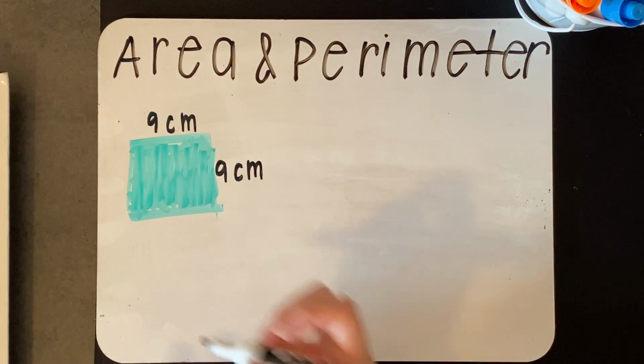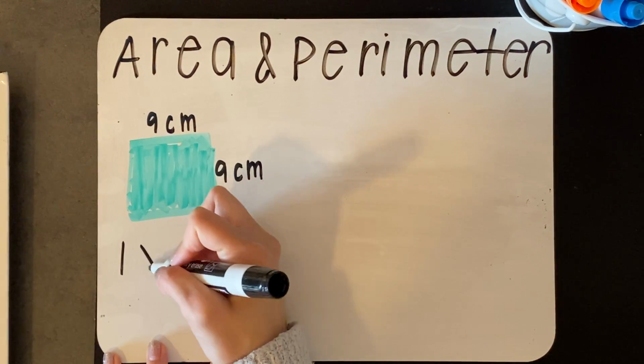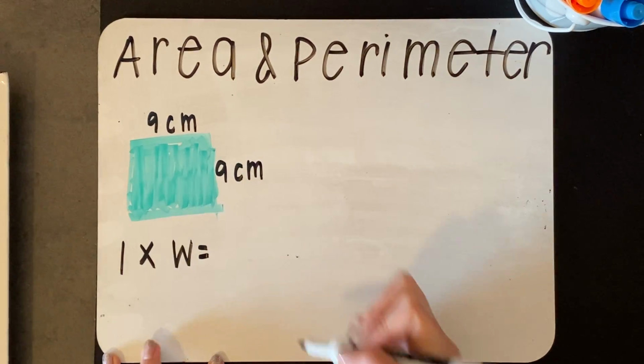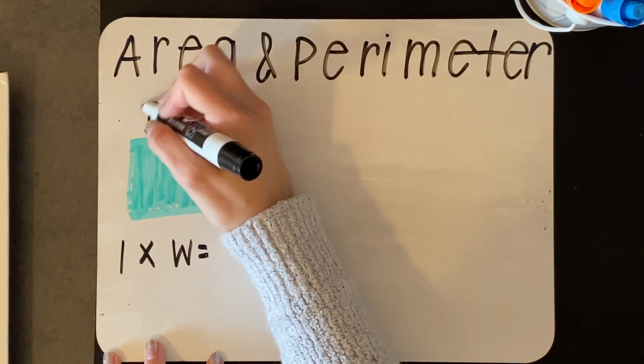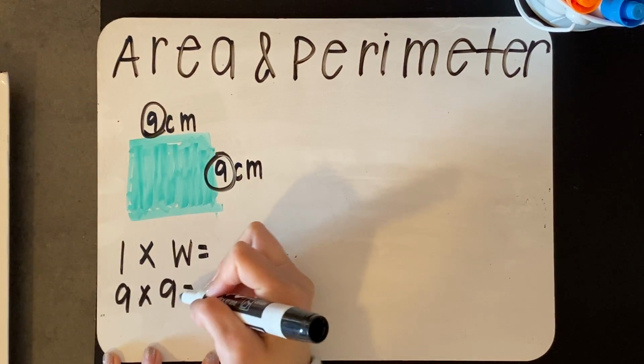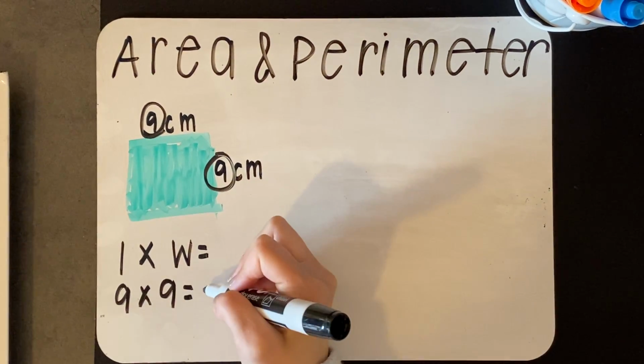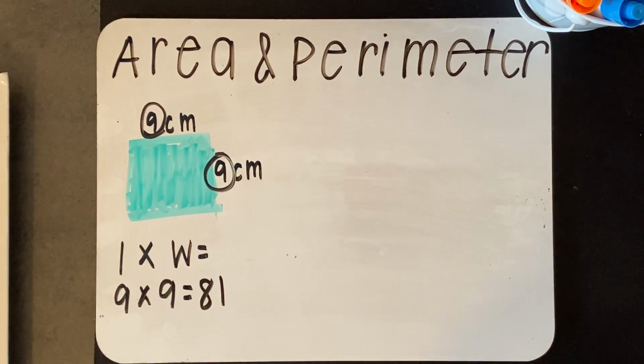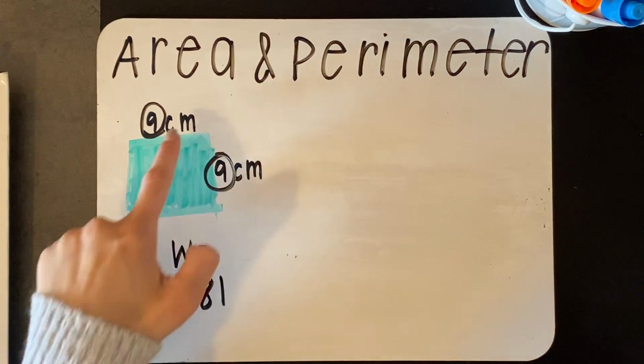In order to find area, you multiply length times width. So here, 9 times 9 would give you 81. And when you find area, you need to use the label square before you put the unit.